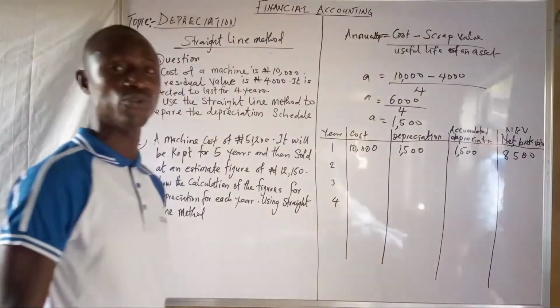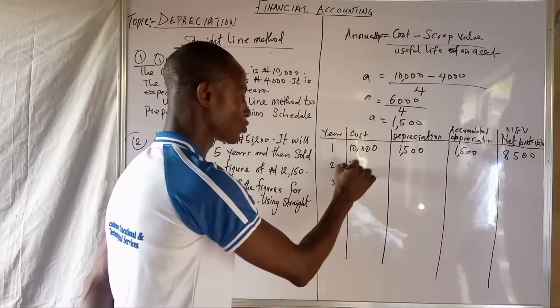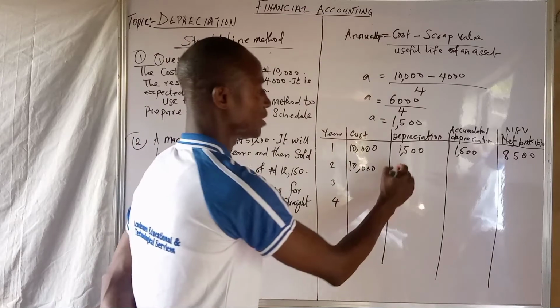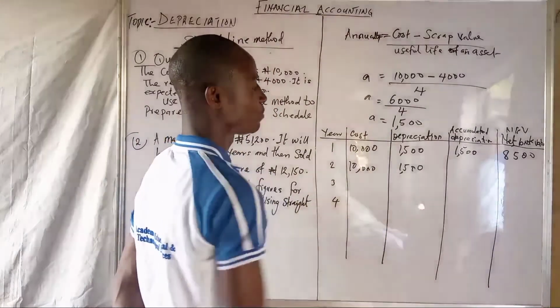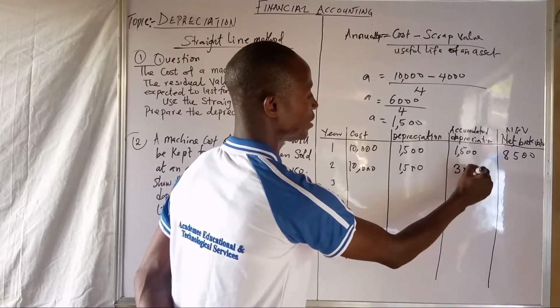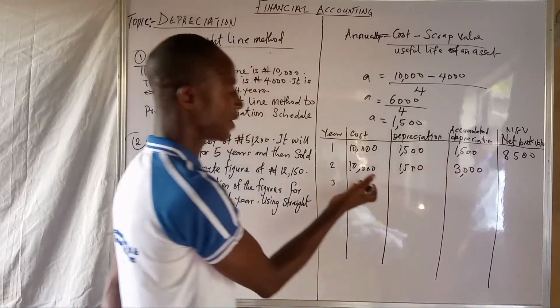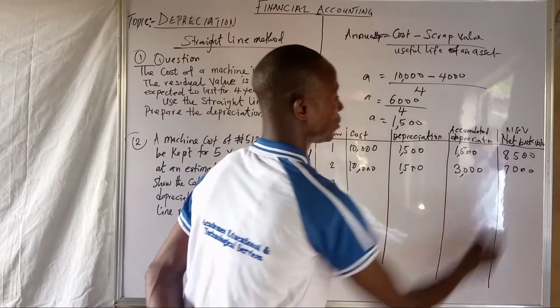That is the net book value for that year. In the second year, it's a straight line method, so the 10,000 reoccurs here. Depreciation is 1,500 also, so the accumulated depreciation is 1,500 plus 1,500, which is 3,000 naira. The net book value is 10,000 minus 3,000, which gives us 7,000.